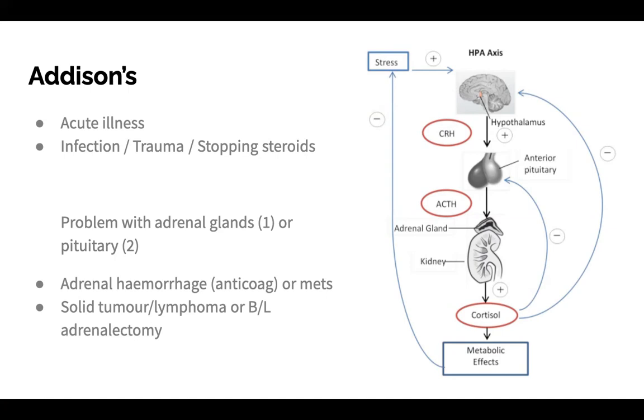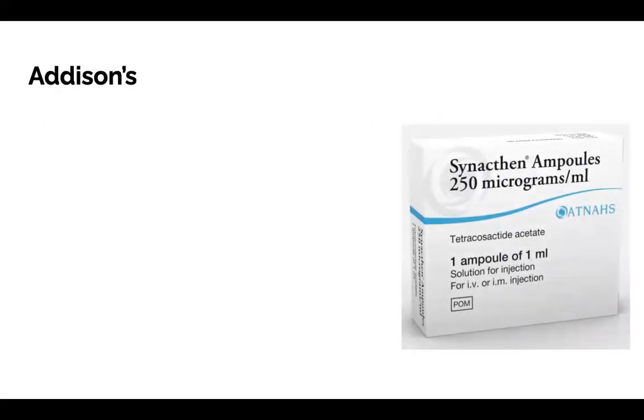The tumor might be a solid tumor, lymphoma, or in some patients who've had bilateral adrenalectomy, you might see primary Addison's disease. If it's secondary Addison's disease, then it's usually an anterior pituitary tumor.